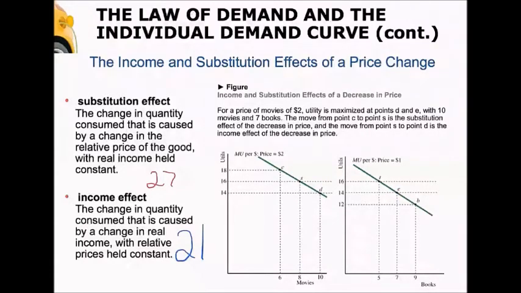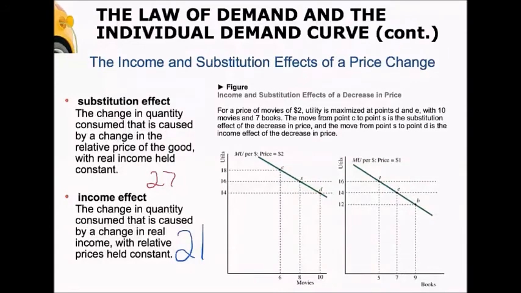So the substitution effect for movies was point C to point S. That's how much more movies we would buy, even if our income didn't change. The income effect is how much more we buy because we became relatively more rich, because prices went down.